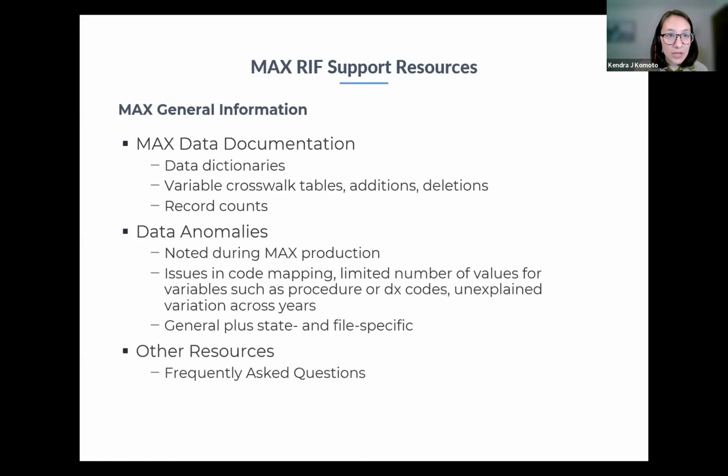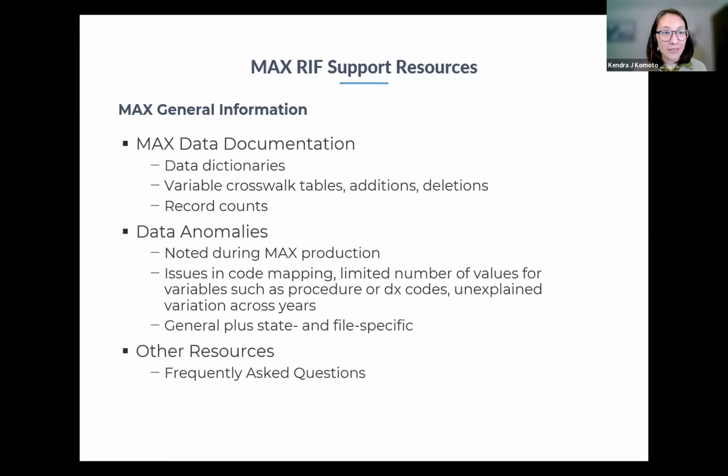The data documentation for MAX are downloadable by year. So each year has its own set of data documentation where you get data dictionaries. You actually get record counts within that documentation. There are variable crosswalks that cover changes from year to year. There are also crosswalks that describe waivers and managed care plan characteristics and taxonomize home and community-based services.